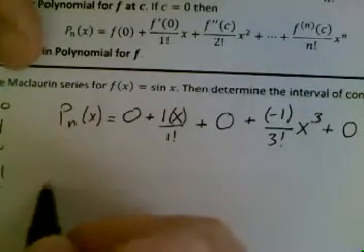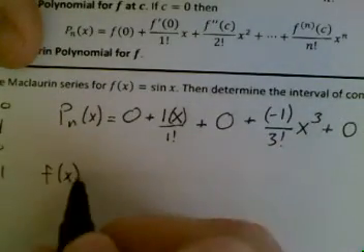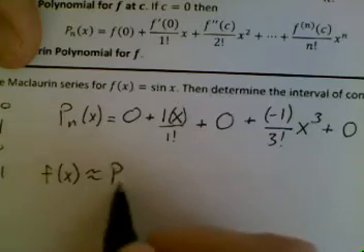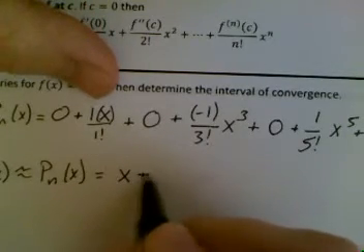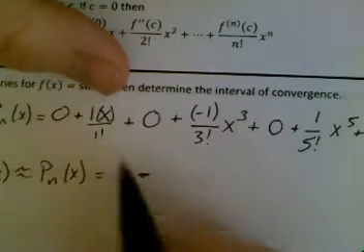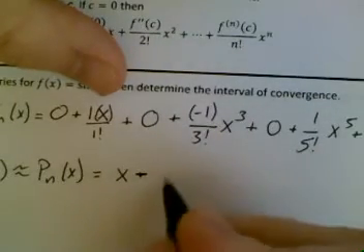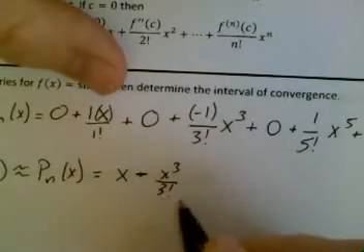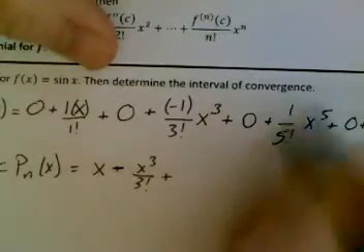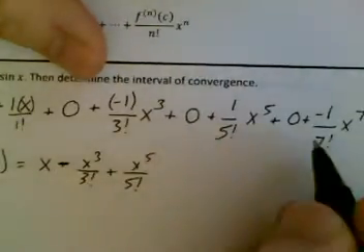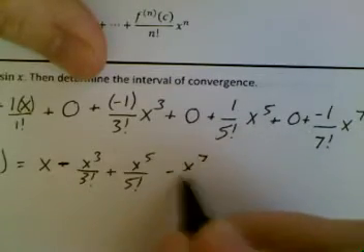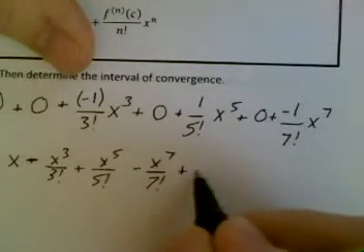If you want to see this all written out as one polynomial, f of x is approximately equal to p sub n of x, which is equal to x minus x to the power of 3 over 3 factorial, plus the fifth term, minus the seventh term, plus, and so on and so forth.